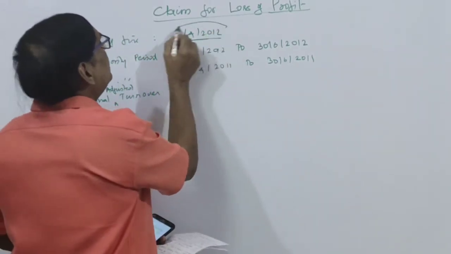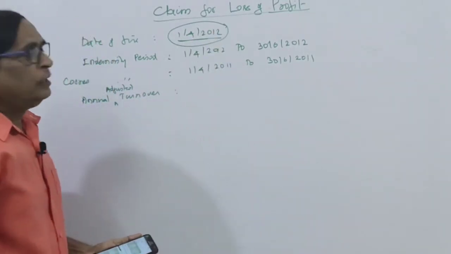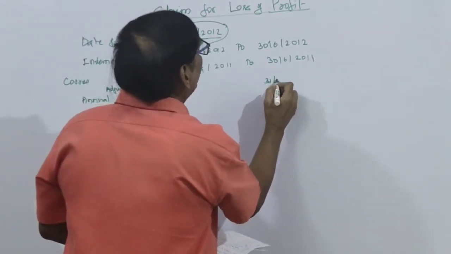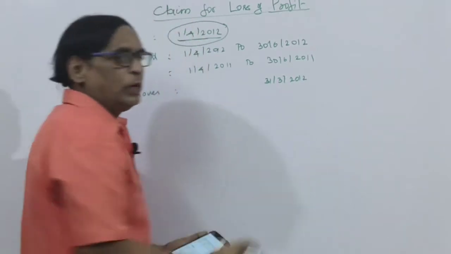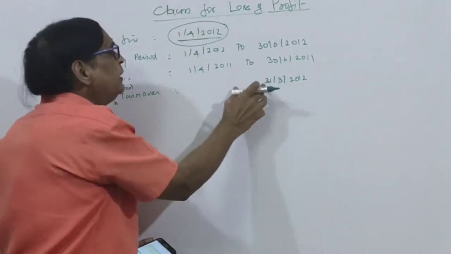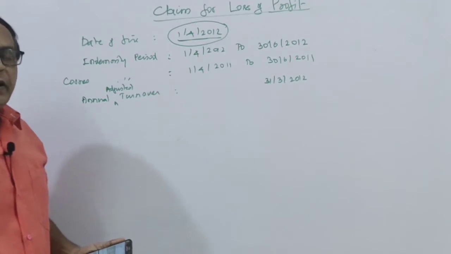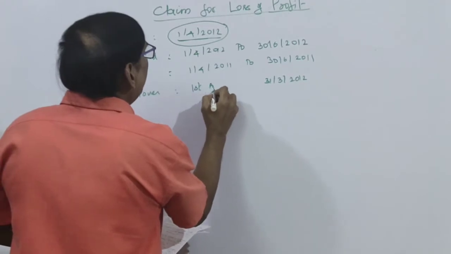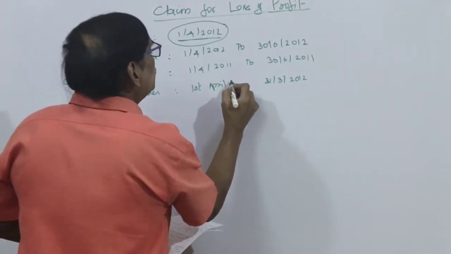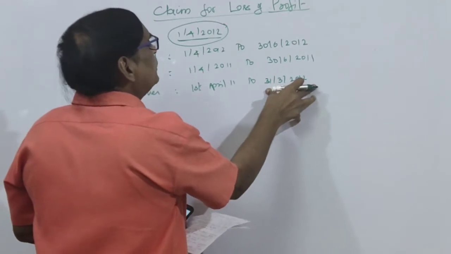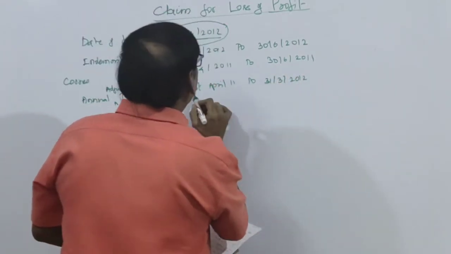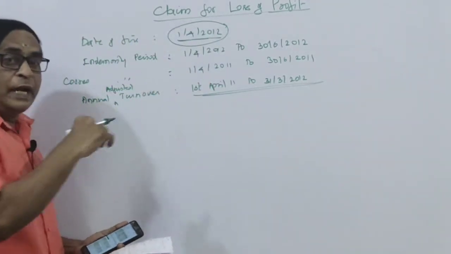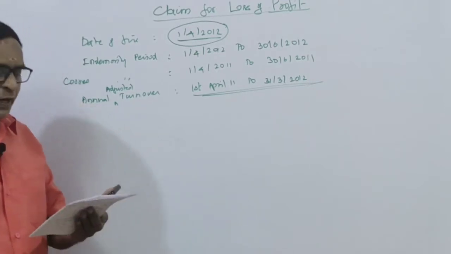The fire date is 1/4/2012. So the one day before, that means 31st March 2012, should be the ending period, and the period will be 12 months. That means 1st April 2011 to 31st March 2012. This is the previous annual turnover. This turnover we have to adjust. From that we have to compare the gross profit and everything.